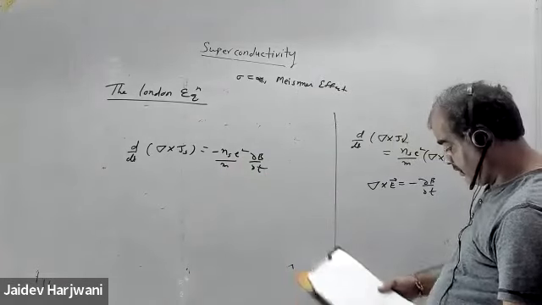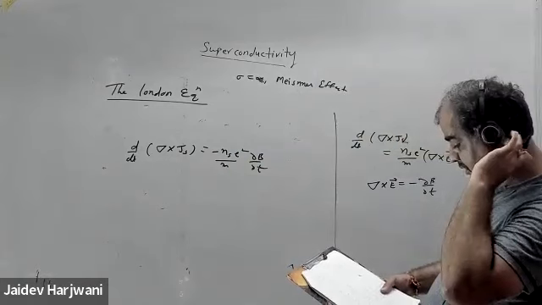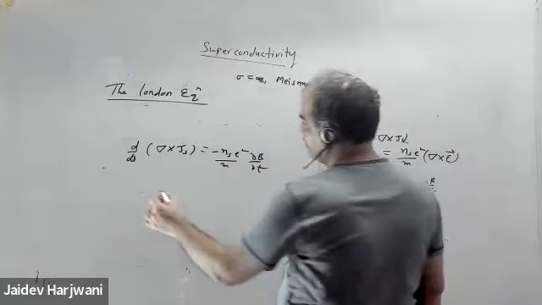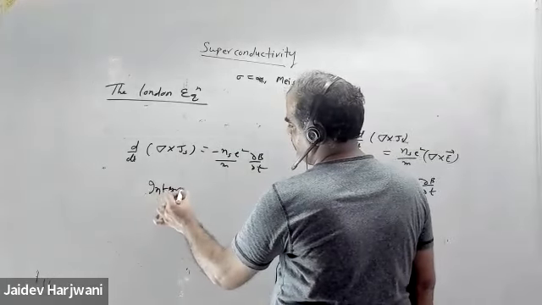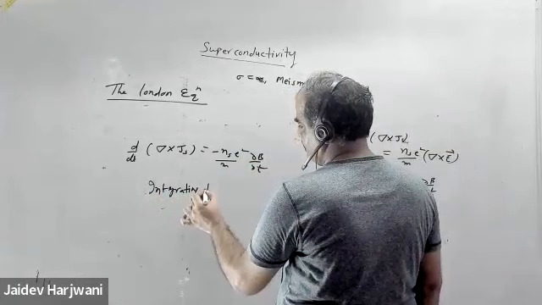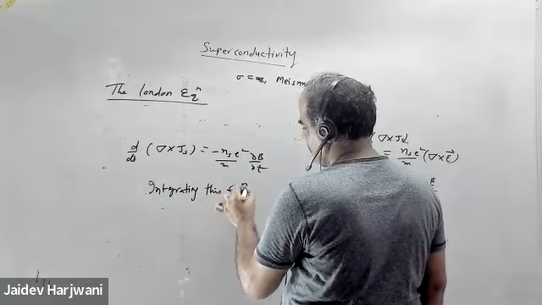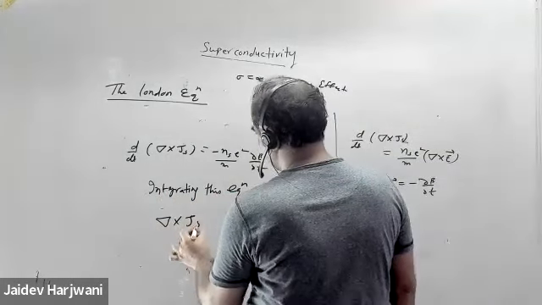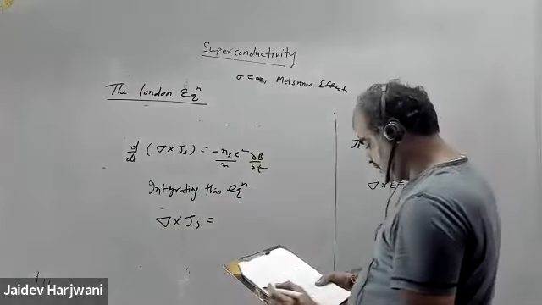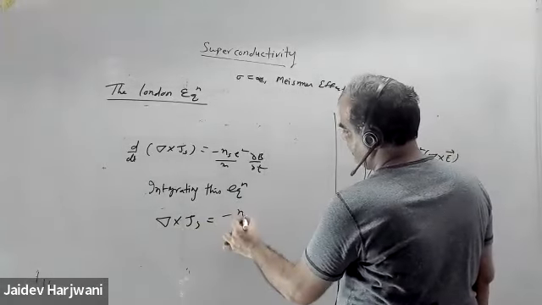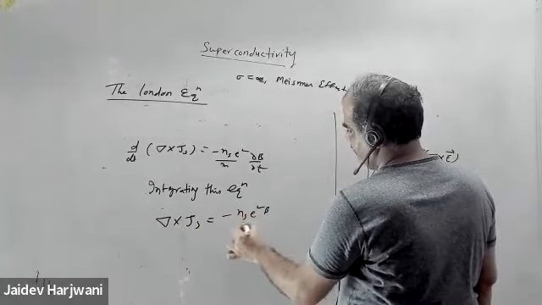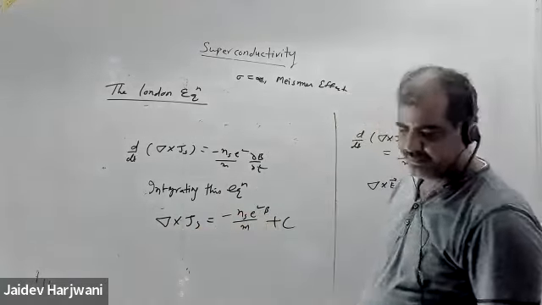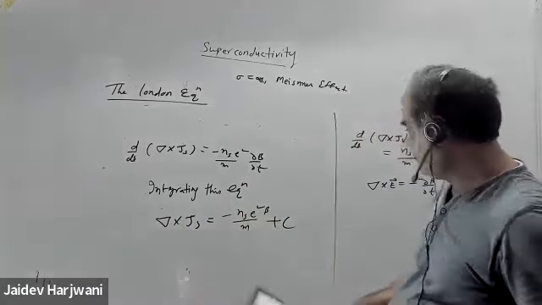Now what should I do? If I integrate this equation, this will give me del cross Js equals minus ns e square B upon m, and some constant.